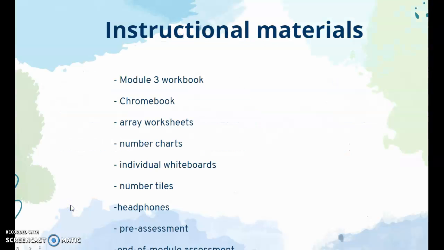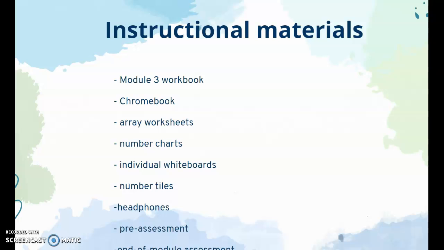Some instructional materials that students will need while completing this: their Module 3 workbook that correlates with each lesson, their Chromebook so that they can participate in different online learning platforms and small group learning assignments, their array worksheets, number charts, individual whiteboards so that they are able to participate in questions and also able to participate in quick formative checks throughout the lesson.